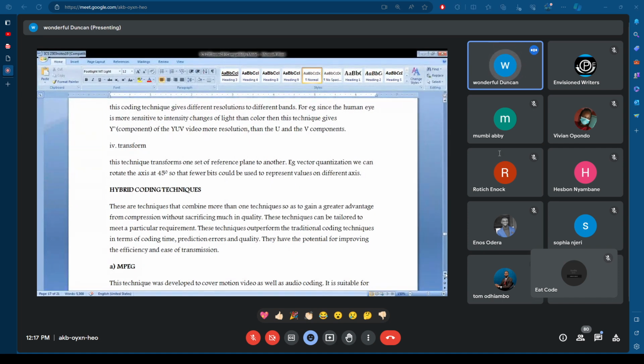We can rotate the axis at 45 degrees so that fewer bits could be used to represent values on different axes.